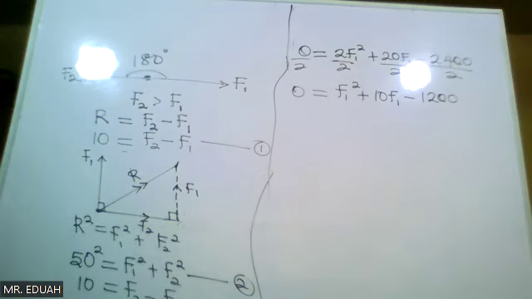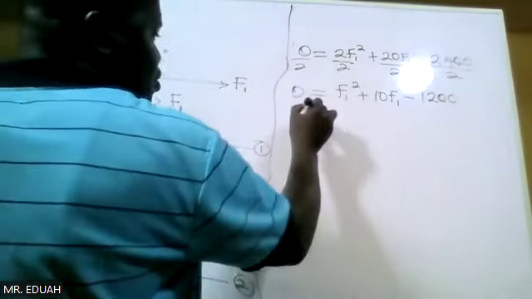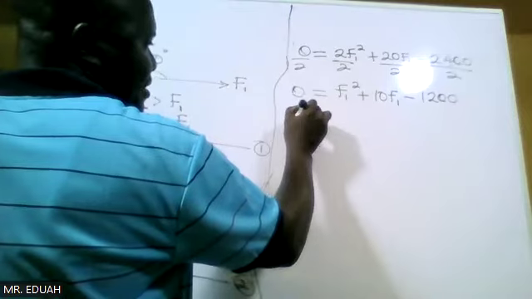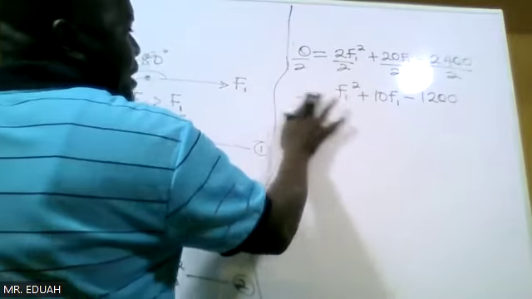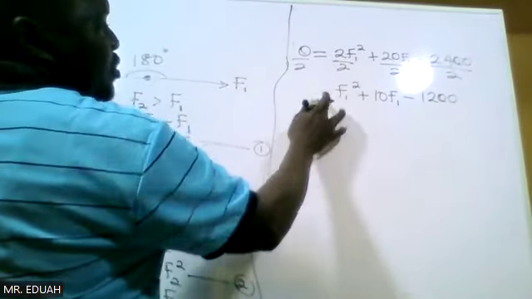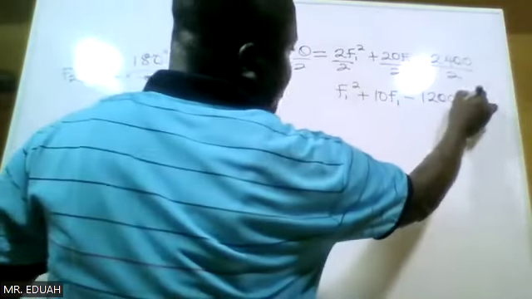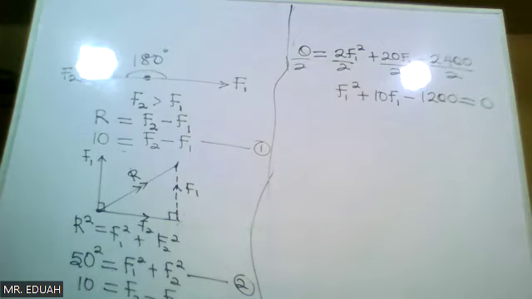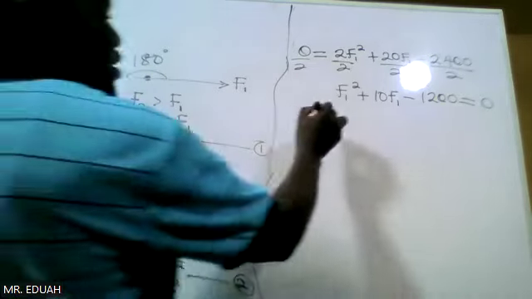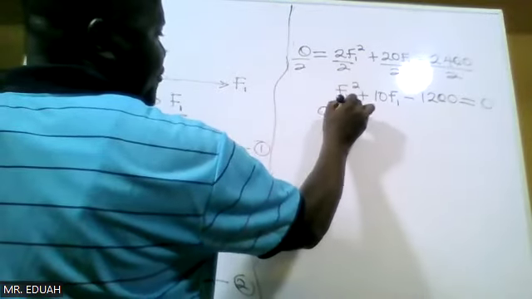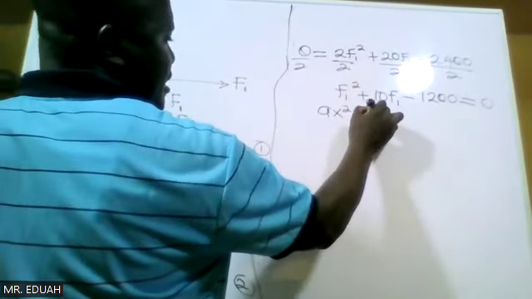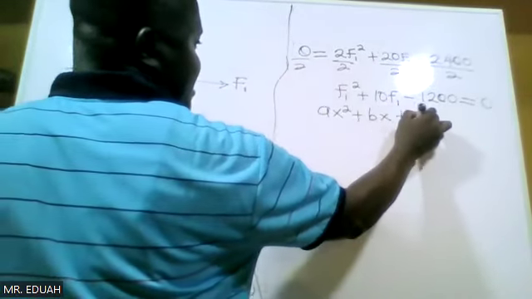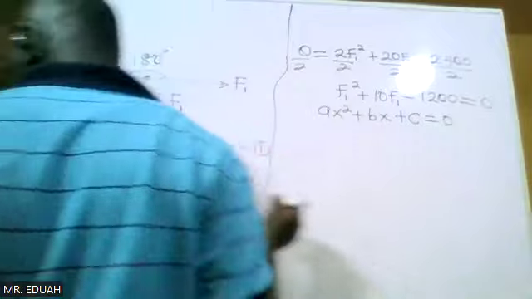So we have a quadratic equation. Let's compare it with the general quadratic equation, ax squared plus bx plus c is equal to 0.